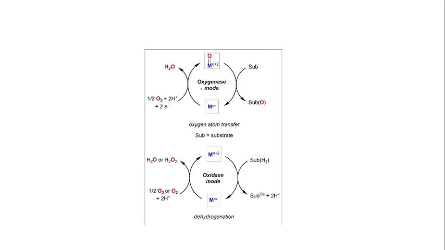So in this slide, I added it to explain how oxidase and oxygenase enzymes work. If you see here, oxygen reacts with hydrogen plus 2 electrons, making water. So it is reduction.